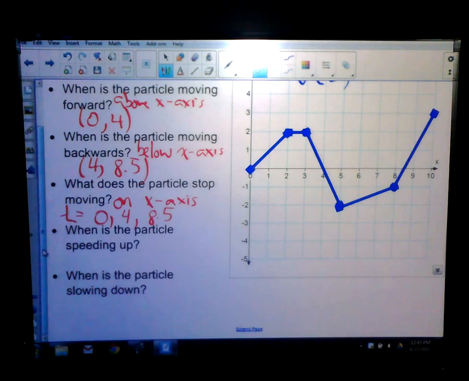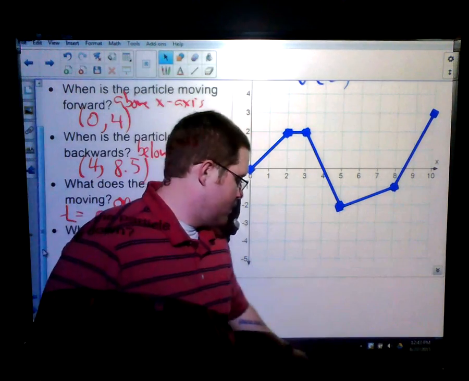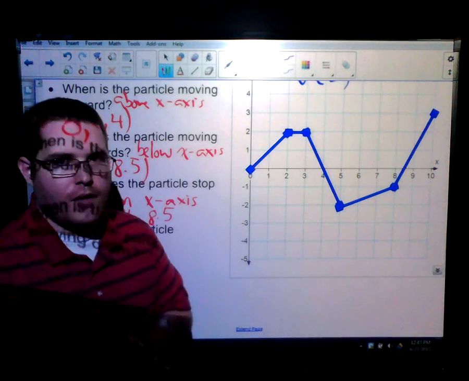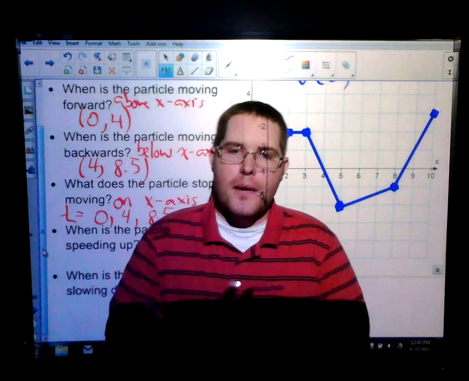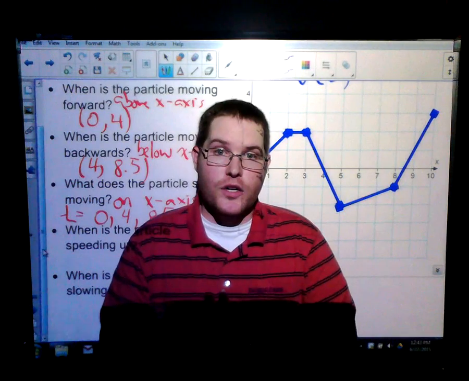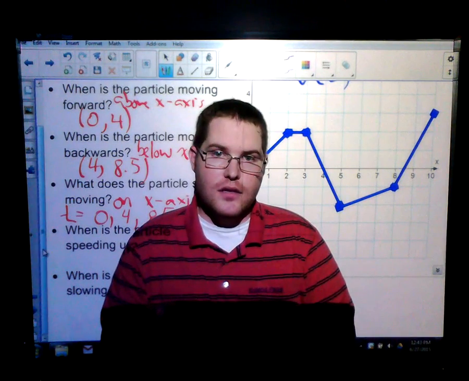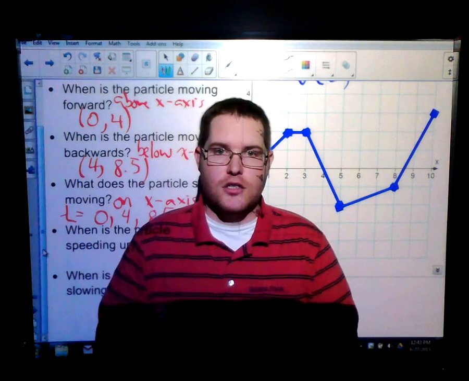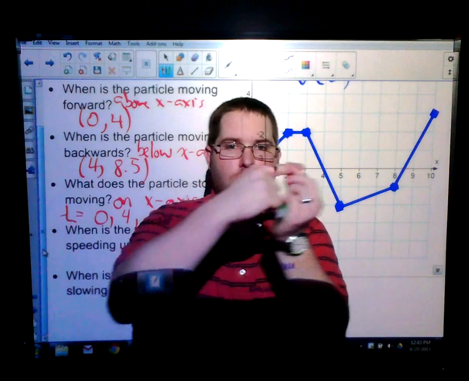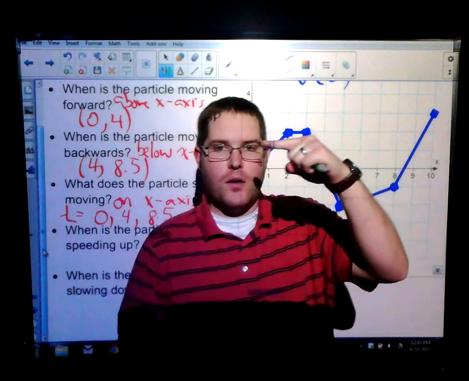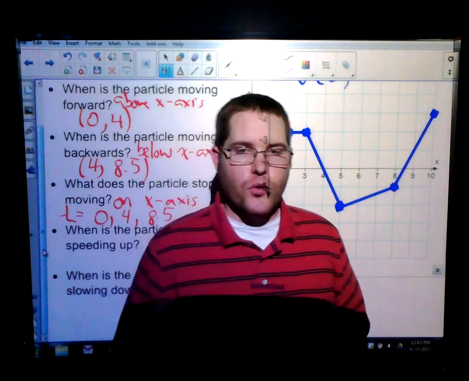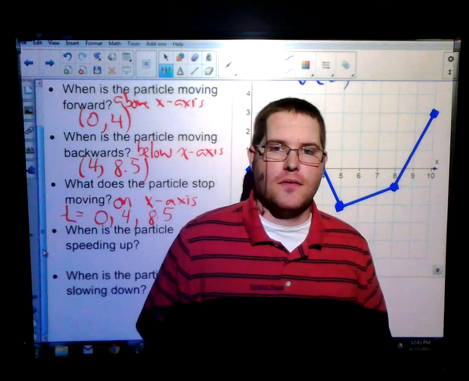Okay, tough problems. When is the particle speeding up? Well, remember, you speed up when your velocity and your acceleration are both in the same direction. So you're going forward and you're being pushed forward, or you're going backwards and you're being pulled backwards. Okay?